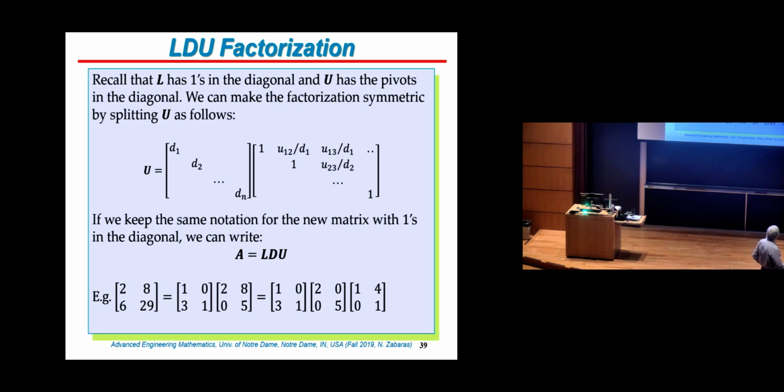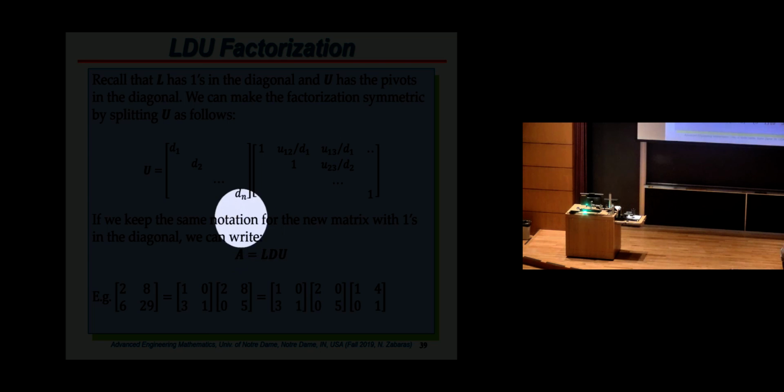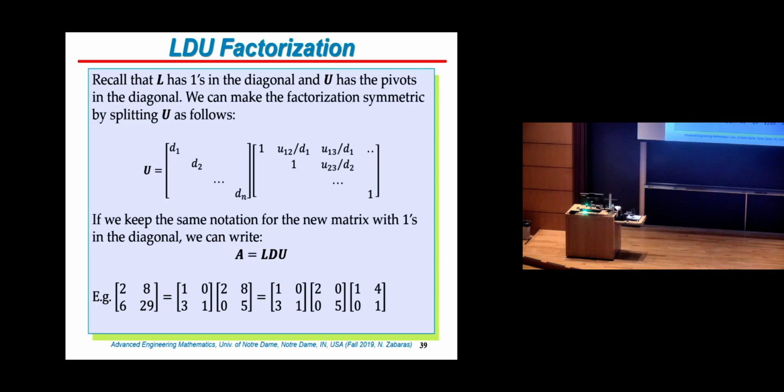So when you see a decomposition that looks like this, it is really the LU decomposition. It simply implies that instead of having the pivots on the matrix U, you now have 1s. Nothing else. It's really part of the LU decomposition.